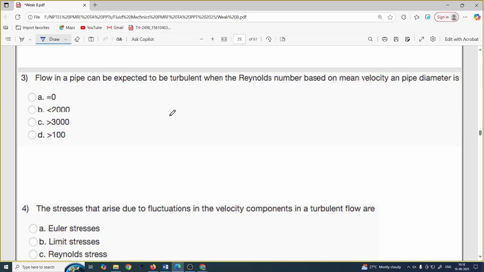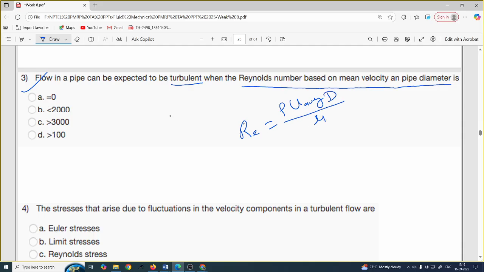Okay, let us move on to the next question. Flow in pipe can be expected to be turbulent when the Reynolds number based on mean velocity and pipe diameter is. Reynolds number is rho u average into pipe diameter d divided by mu, the dynamic viscosity.